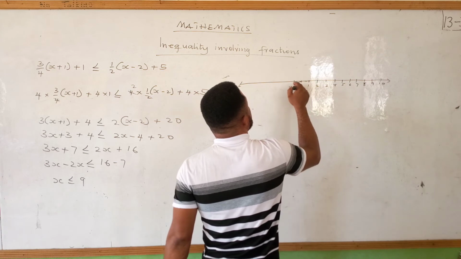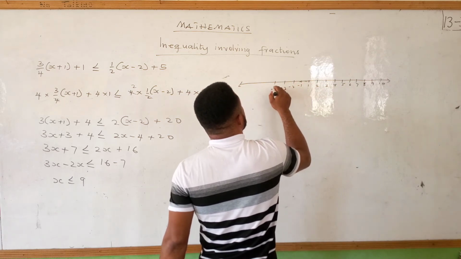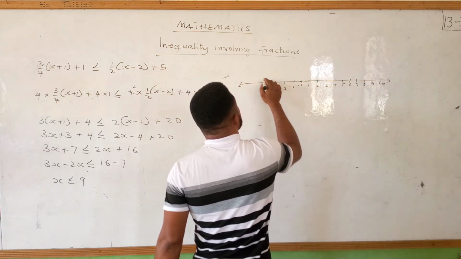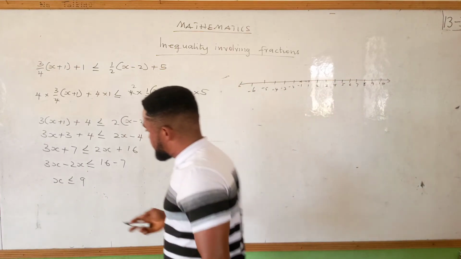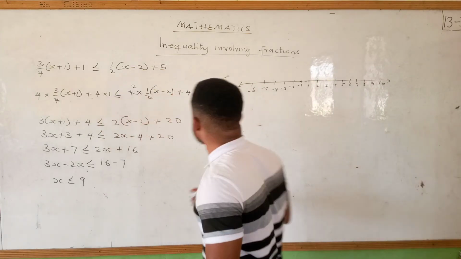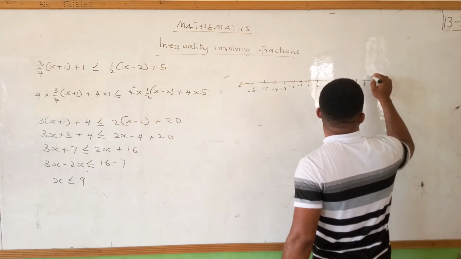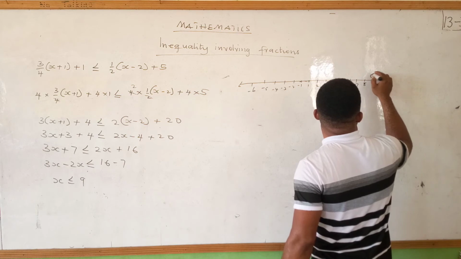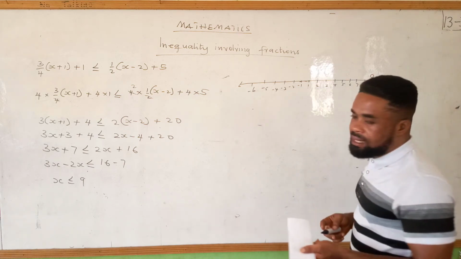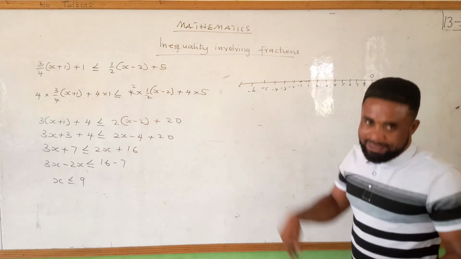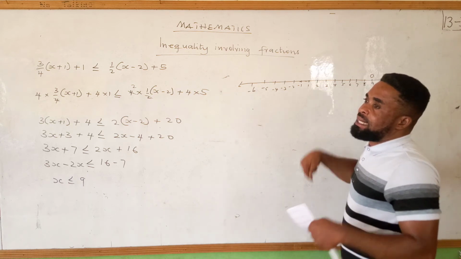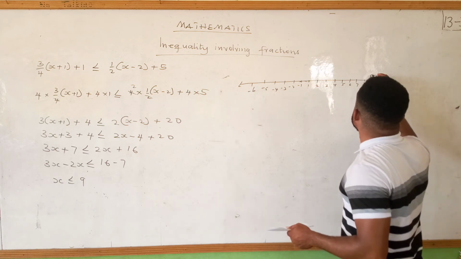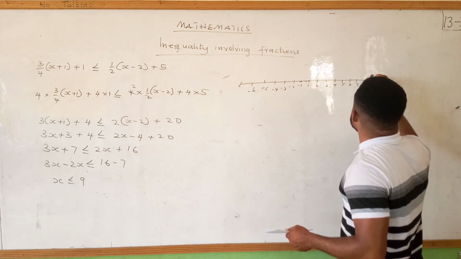So negative 1, negative 2, negative 3, negative 4, negative 5, negative 6. Okay, we said that x is less or equal to 9. So it means there is no number which is less and at the same time equal to 9. Okay, so it is the 9 itself, meaning that 9 is part of it.